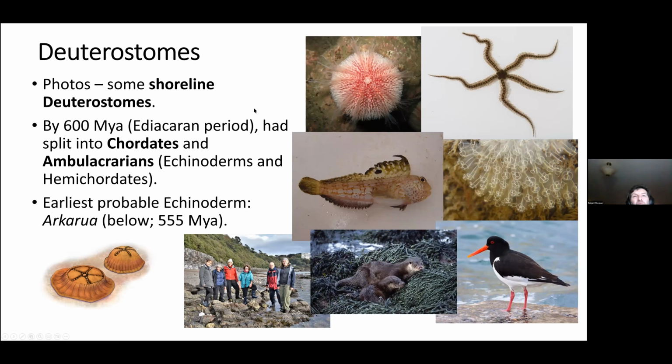Okay, so deuterostomes, these are some shoreline deuterostomes. It's got human beings. We've got fish. We've got sea otters and seals, if you want to include those, plus birds. We've also got the sea squirts in there as well, because they are actually chordates, even though they haven't got a backbone as such.